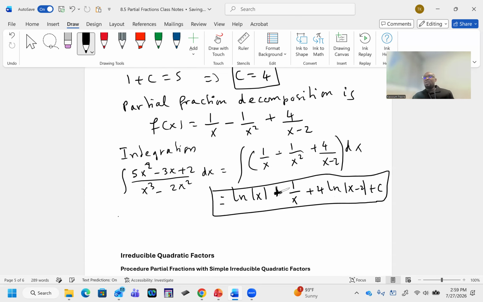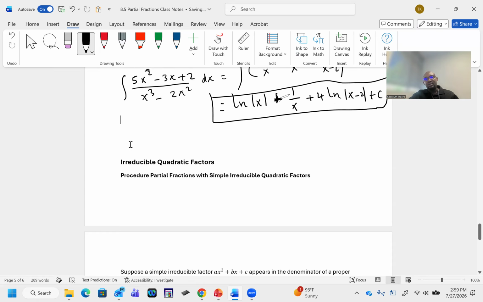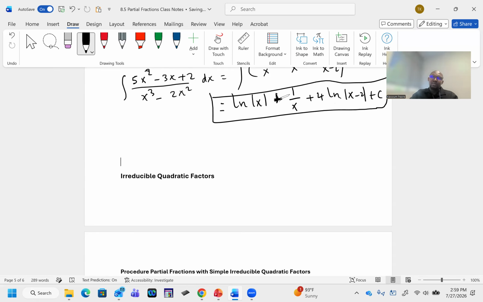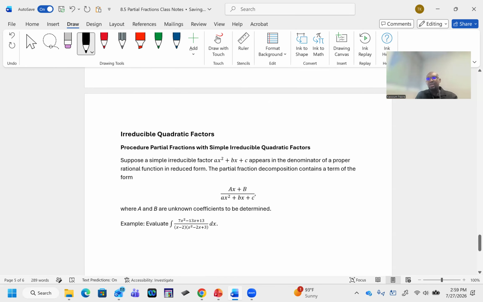Okay. We also have irreducible quadratic factor. So we have that procedure as well, a procedure partial fraction with simple irreducible quadratic factor.